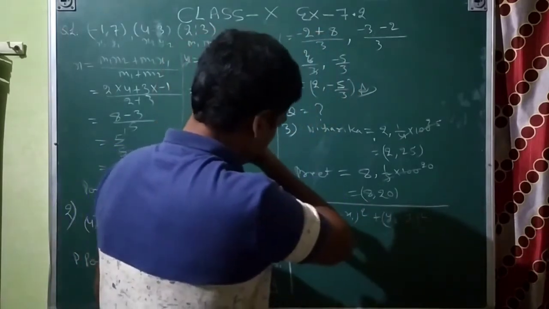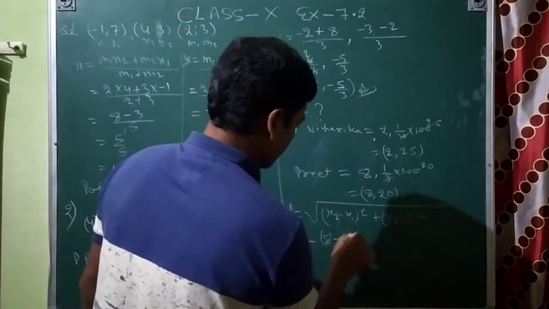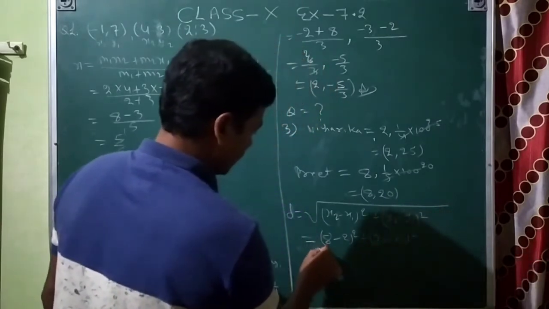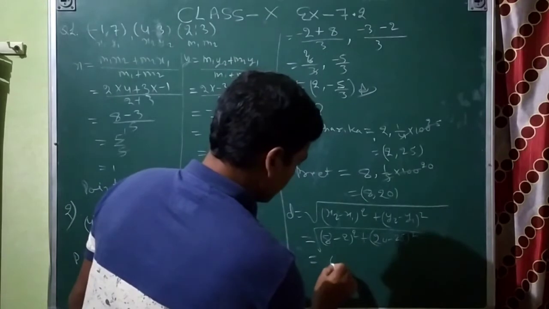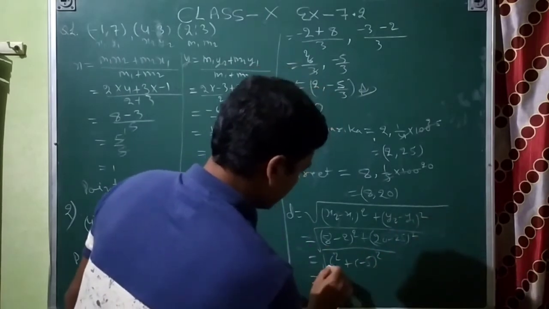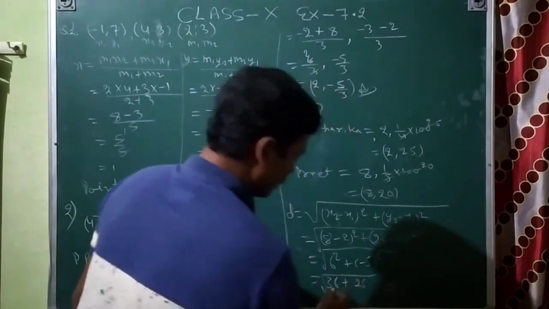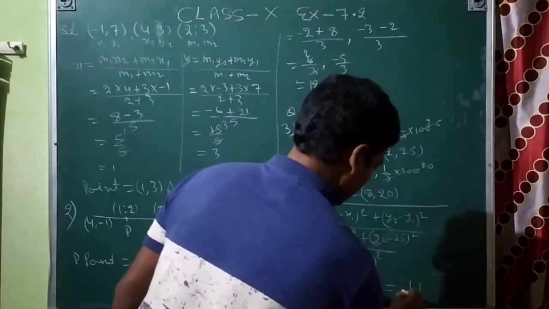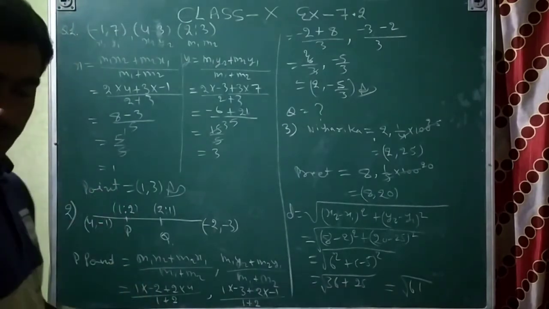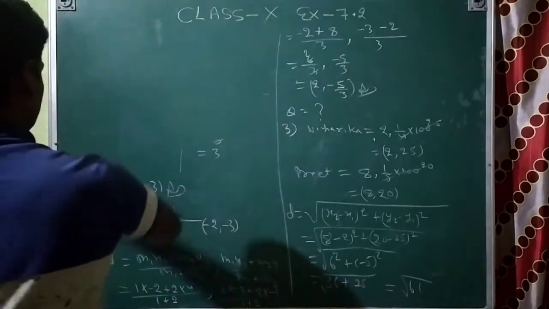That is 8 minus 2 square plus 20 minus 25 square, so 6 square plus (-5) square. 6 sixes are 36 plus 5 fives are 25, adding both gives 61. So the distance is root 61 units. More parts are left in this question, so you will see that part.